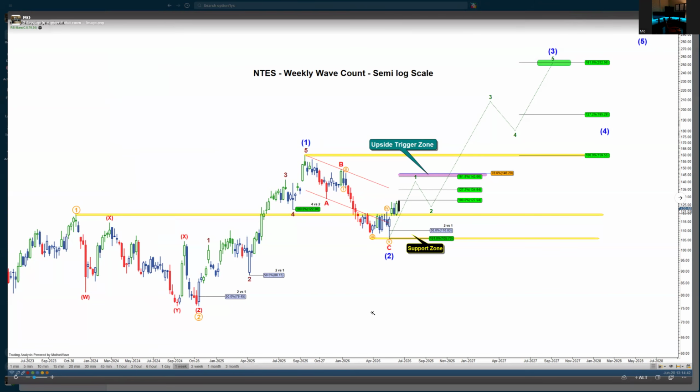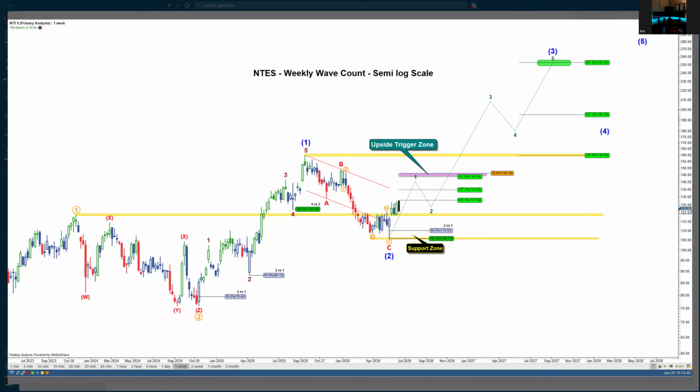That's your eight swings on this: one, two, three, four, five, six, seven, eight. You know the rule of Elliott wave: you need eight swings from the low. When you have eight swings from the low, that defines a trend.